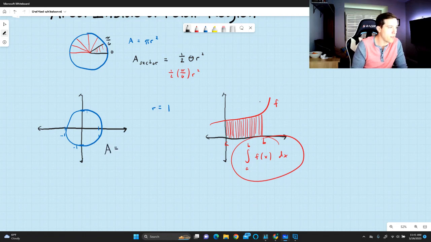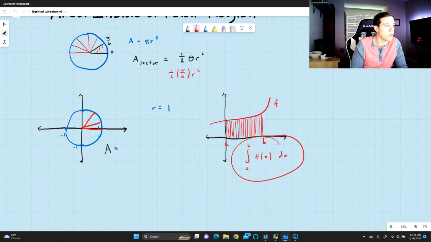Let's say I wanted to find the area inside of this polar region. So I want to find all of the area inside the circle. Well, the way polar functions work is if you plug in 0, you would get this value, kind of this radius of 1. If you plugged in pi over 6, you would get this kind of ray. Think about it as a ray that emanates from the center. If you plug in pi over 3, you would get this.